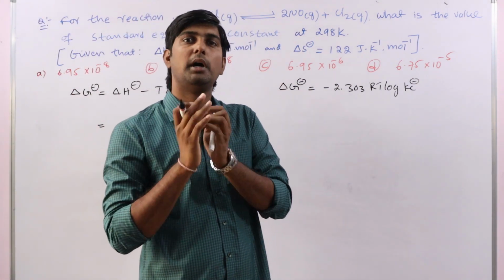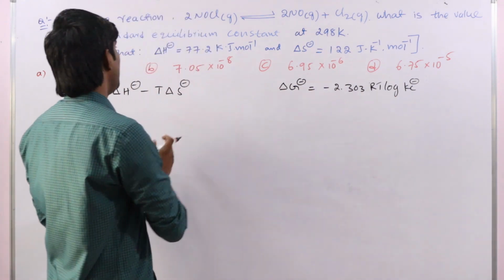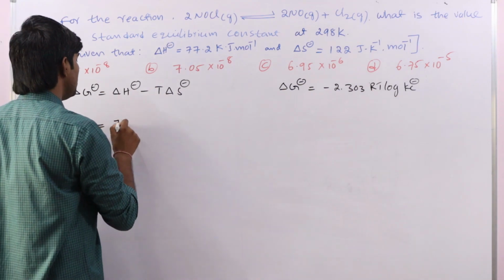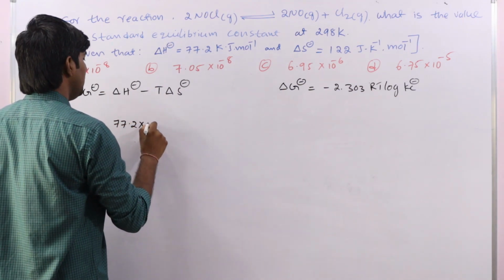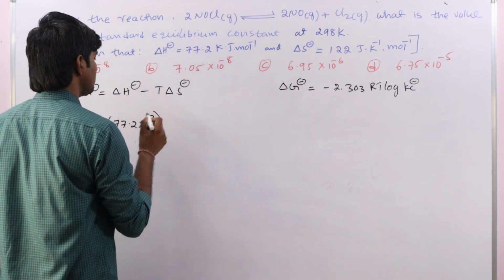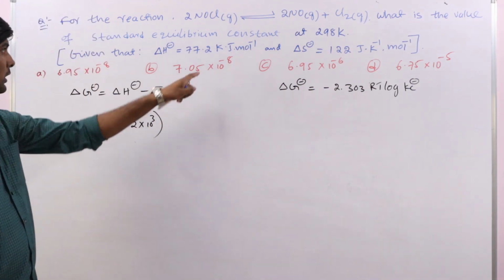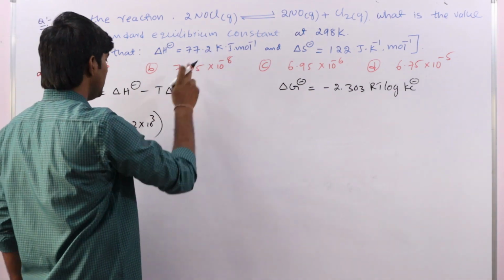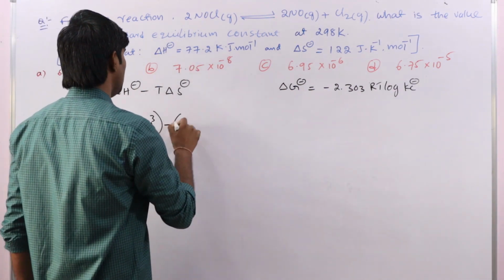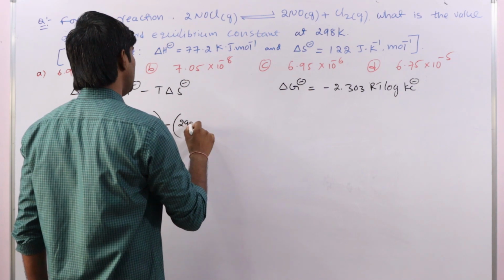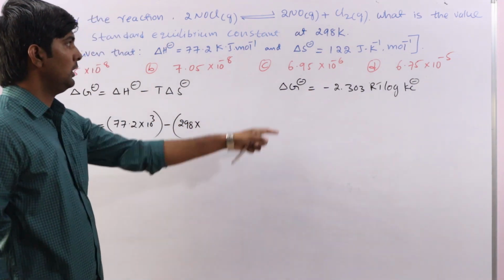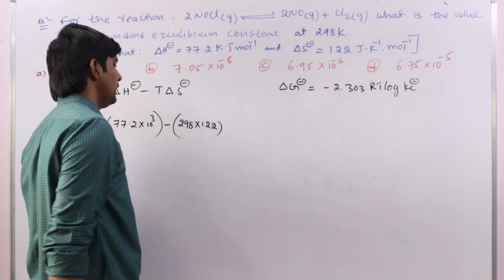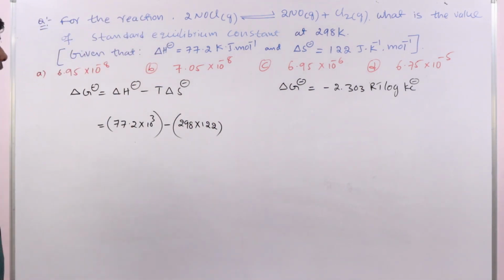I am converting kilojoules into joules, that is 77.2 into 10 power 3, since 1 kilojoule equal to 10 power 3 joule, minus T, which is 298, into delta S equal to 122.